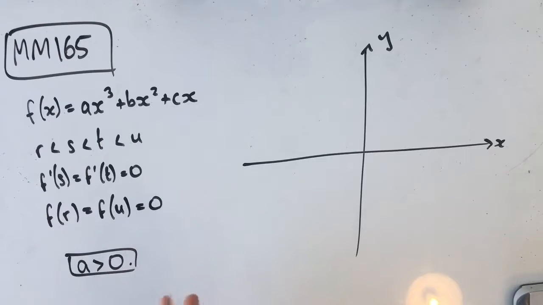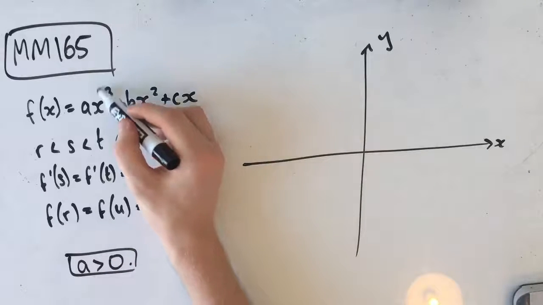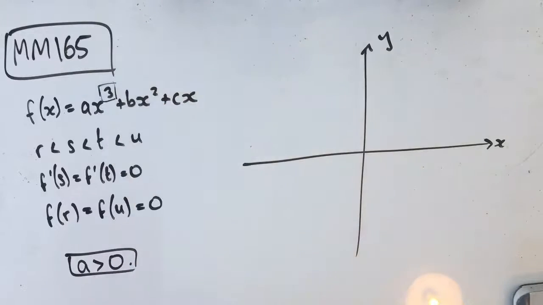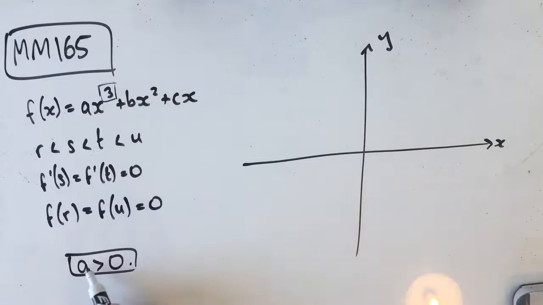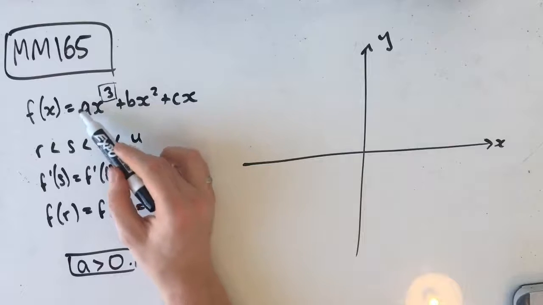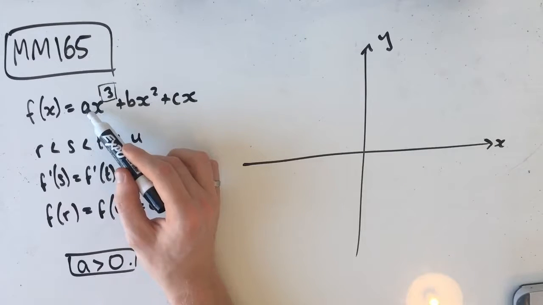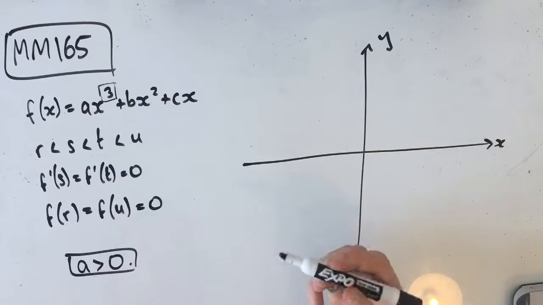This can be a very, very confusing question if you haven't seen it before, because there's a lot of letters being thrown around, and it's hard to see what's going on. So, first of all, we can recognize that this is a cubic function by our to the power of 3 here. It's a good start. What we also know is that a is greater than 0. So this number out the front of our x cubed is greater than 0, which means that it's a positive cubic.